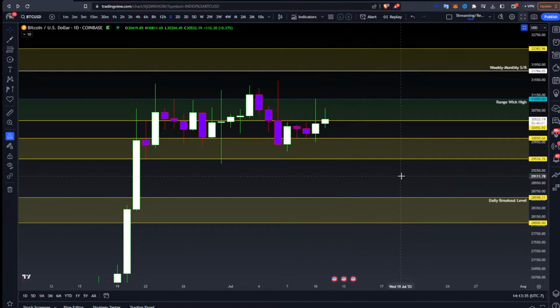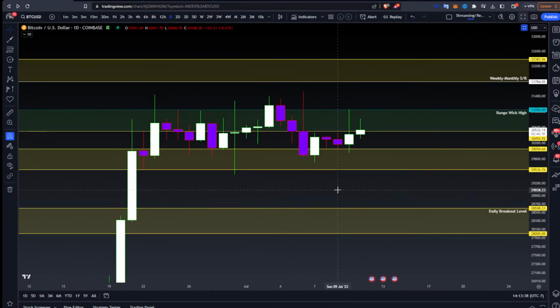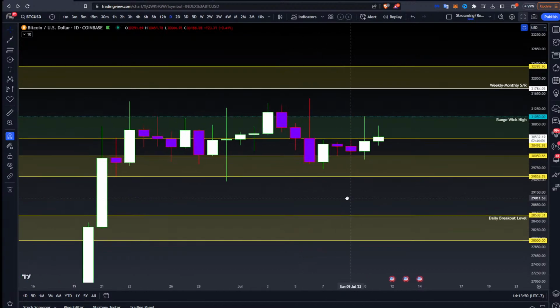Yeah, consumer sentiment report. So it's going to be interesting. I do think that we are nearing range resolution sometime this week. So keep that in mind. That's my personal take on it.